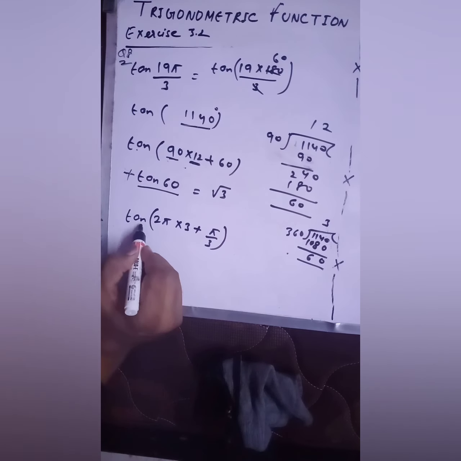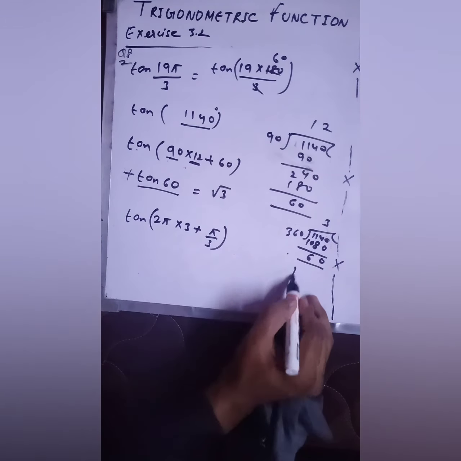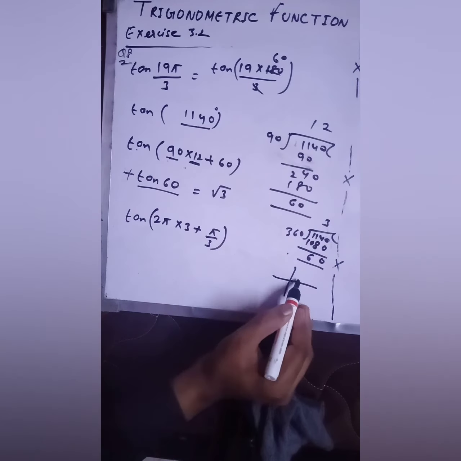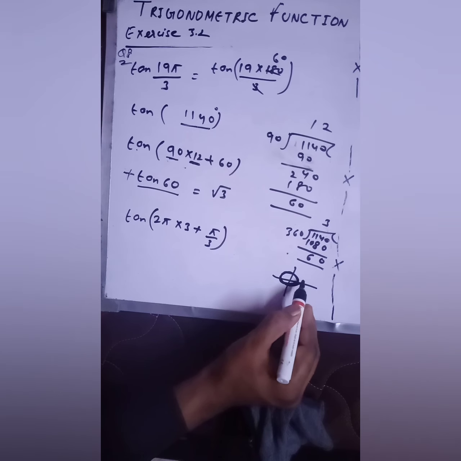Here it is 2 pi into 3. That means you have to take 3 rounds of 360. One complete round of 360, second complete round of 360, and third complete round of 360 plus pi by 6. That means the value is coming in the first quadrant.